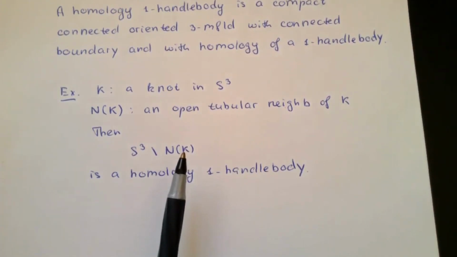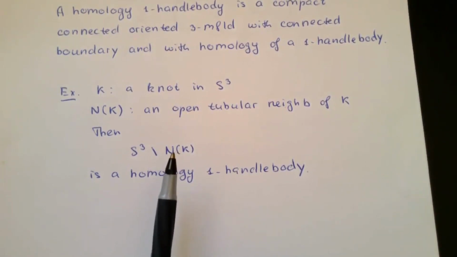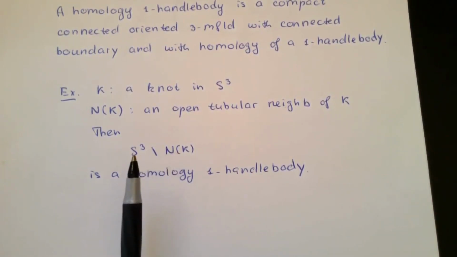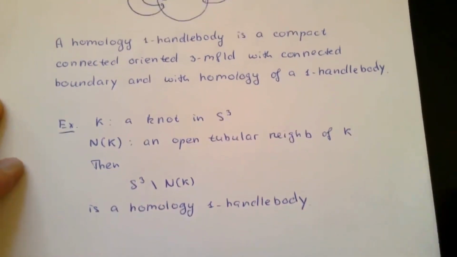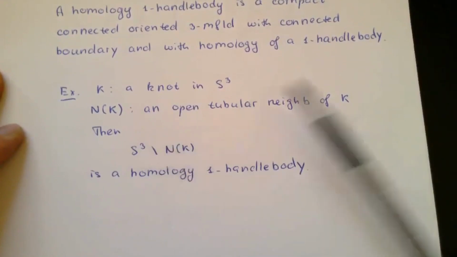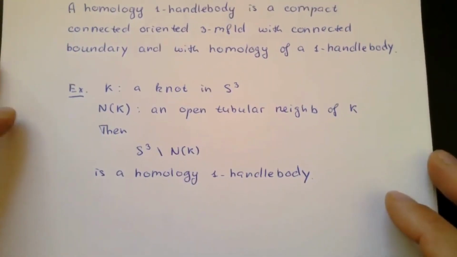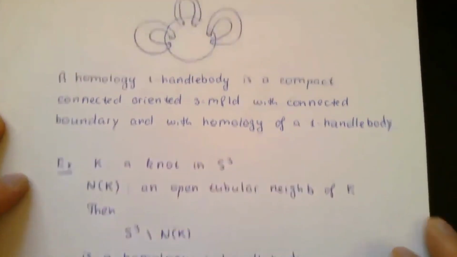This decomposition of the sphere S3 may not be a genuine Heegaard decomposition because, as I mentioned before, the complement in S3 of a one-handle body is not necessarily a one-handle body. The complement might be a homology one-handle body. However, still this decomposition is good enough for our purposes, and we would like to consider them.